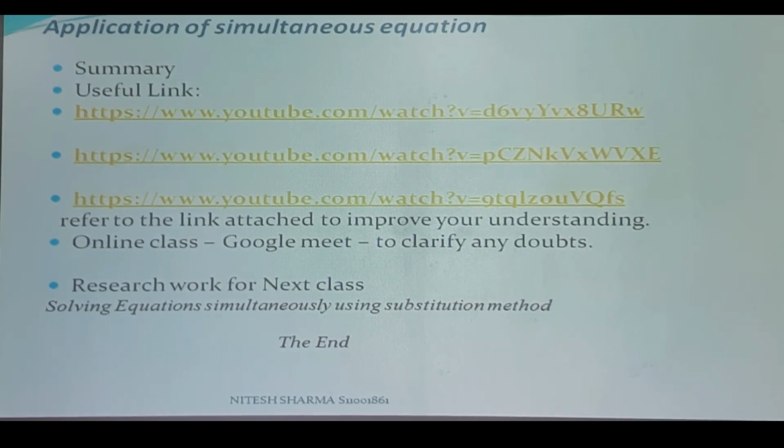Step 3, find the like terms that can be eliminated, using addition or subtraction. Step 4, if no such terms, multiply one of the equations by a constant multiplier in order to eliminate. Step 5, solve for one of the variables by eliminating the other. Step 6, substitute the value found in any of the equations to solve for the other unknown variable.